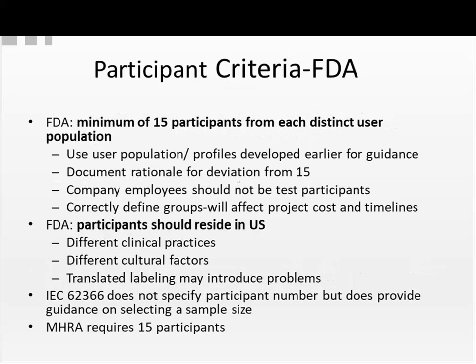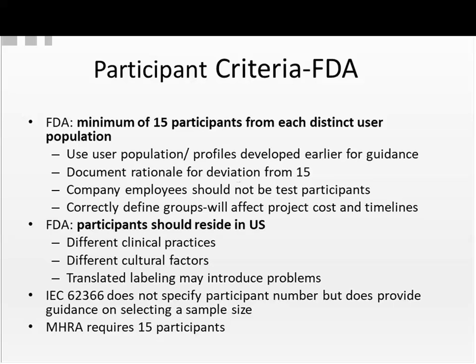Now let's talk about participant criteria. It's always been unknown exactly how many people should participate in these studies. The FDA has never provided an answer. Companies would question the FDA and they would say it depends.